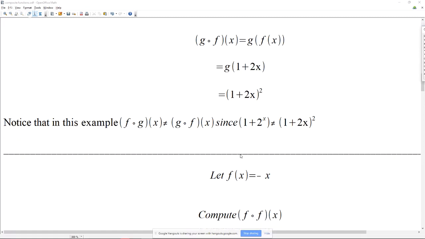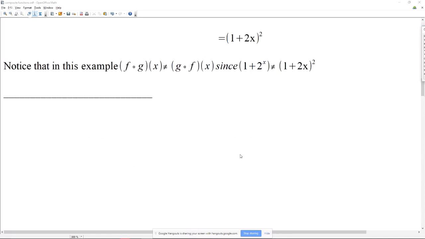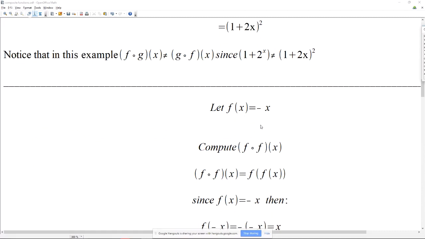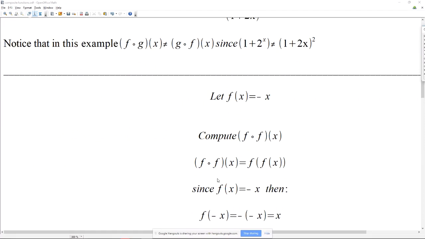So let's do something really simple. Let's have the function of a function that's the same function. This is a composite function where you're just taking the output of the function and putting it into the input of the same function. So if I have f of x equals negative x, and I want to know f composite f of x, then I just put it in this format, right?